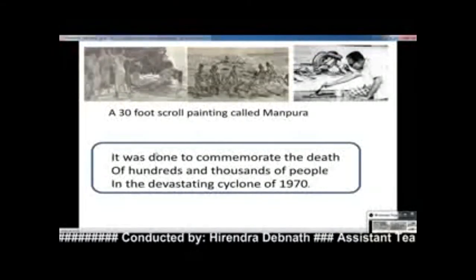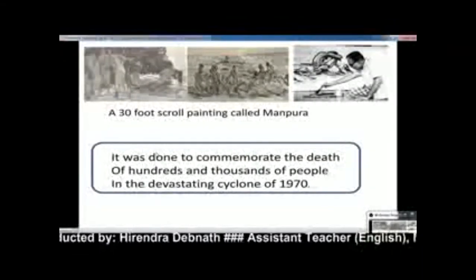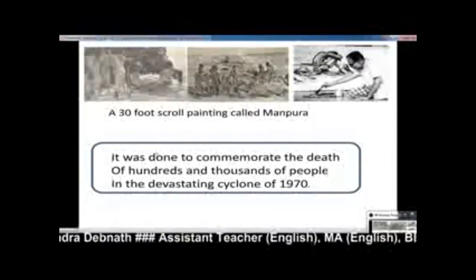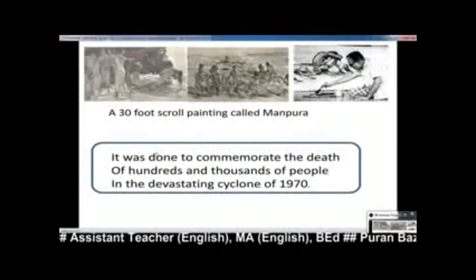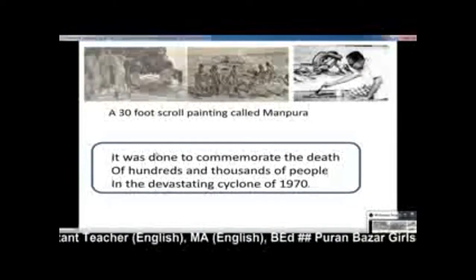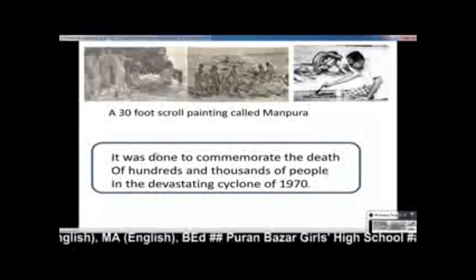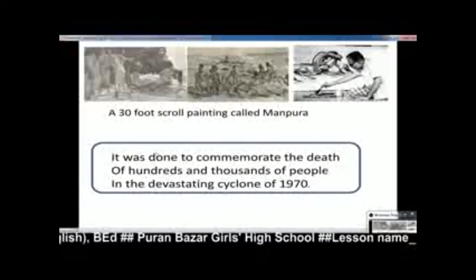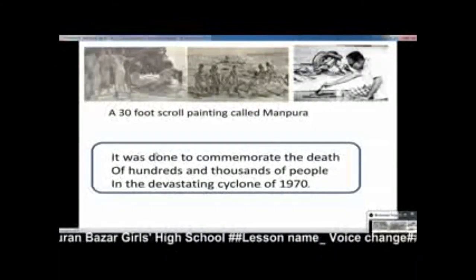That means in 1970, a devastating, a destructive cyclone took place, and in this cyclone lots of people died, and he showed it in his 30-foot long scroll painting, and it was named Manpura.